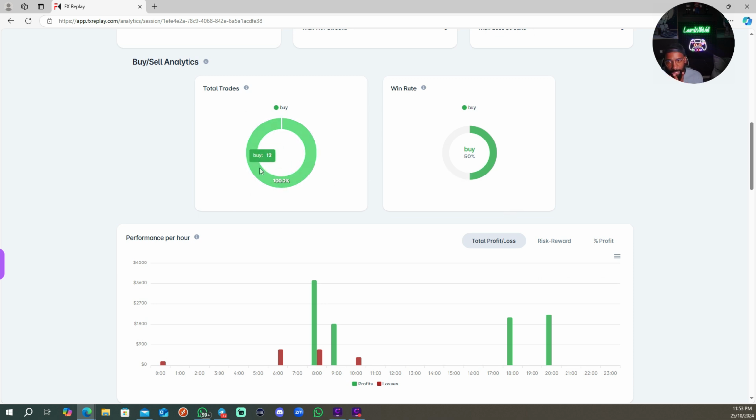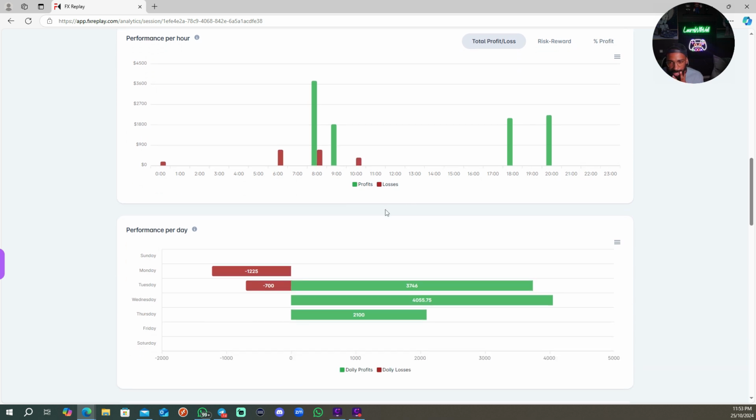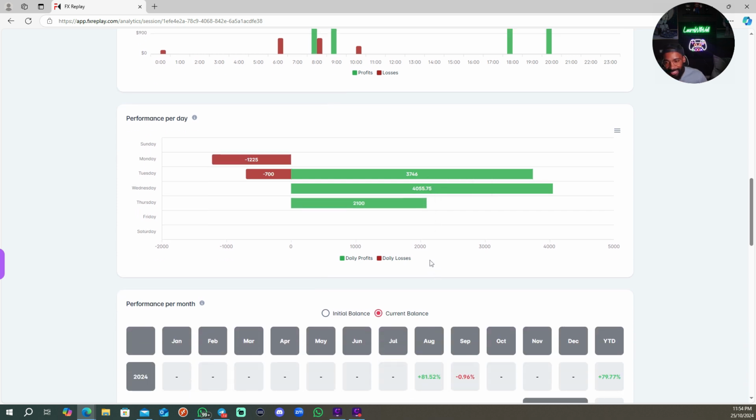Okay, cool. Total trades, cool. So look, we can see here when we look at the statistics, guys, on Monday we lost, Tuesday we lost 700, but then ended up 3,746. Wednesday, 4,000. Thursday, 2,000. So in a week, we've made just under 10K in a week.